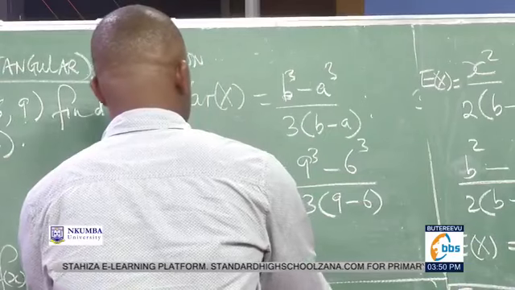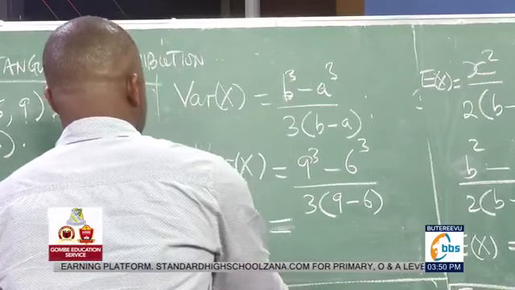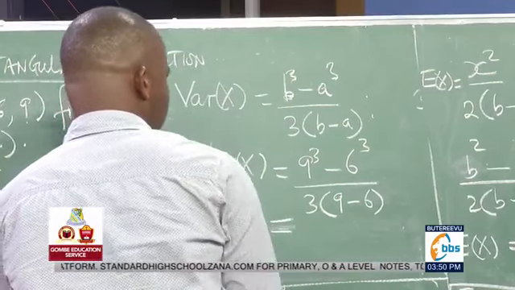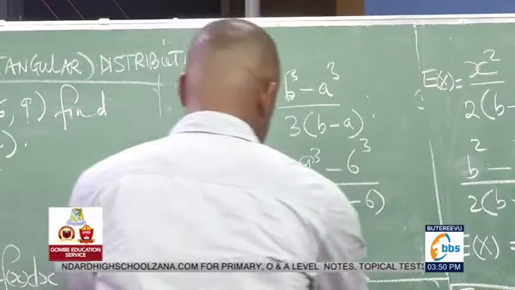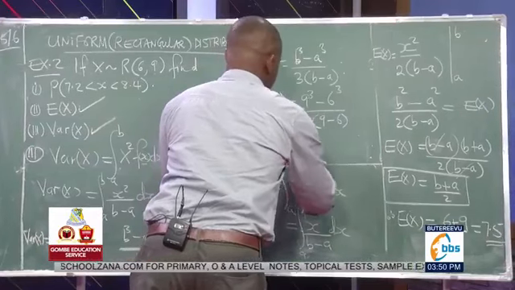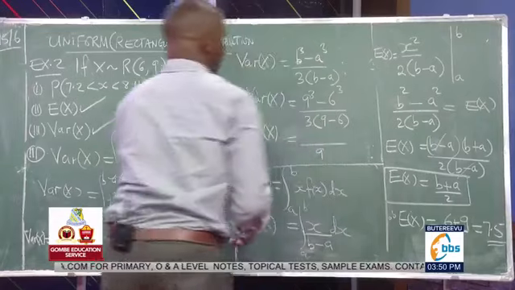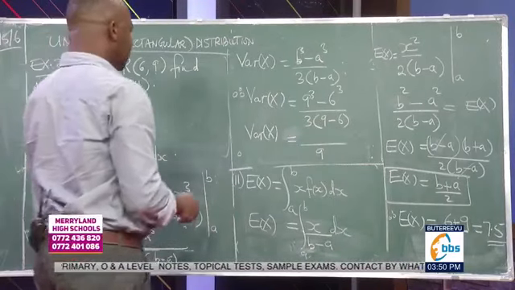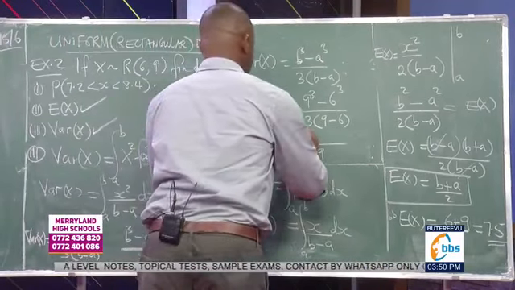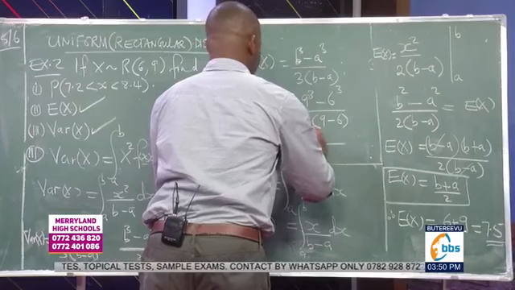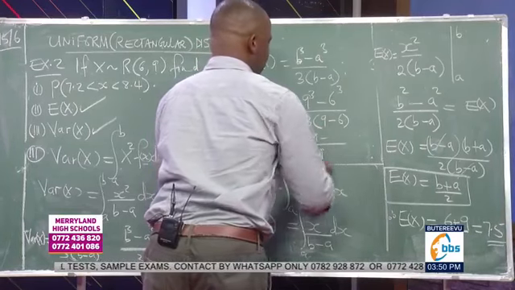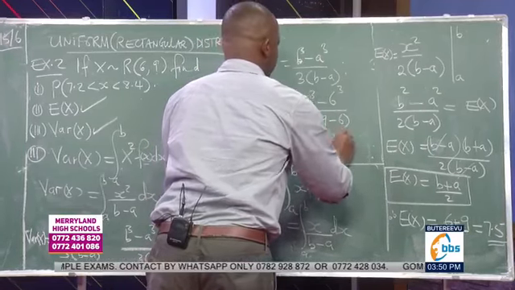And this will give us the variance if we substitute and compute. We would get the denominator as 9, and 9 cubed is the same as, I think, 729 minus 6 cubed, that is 216.